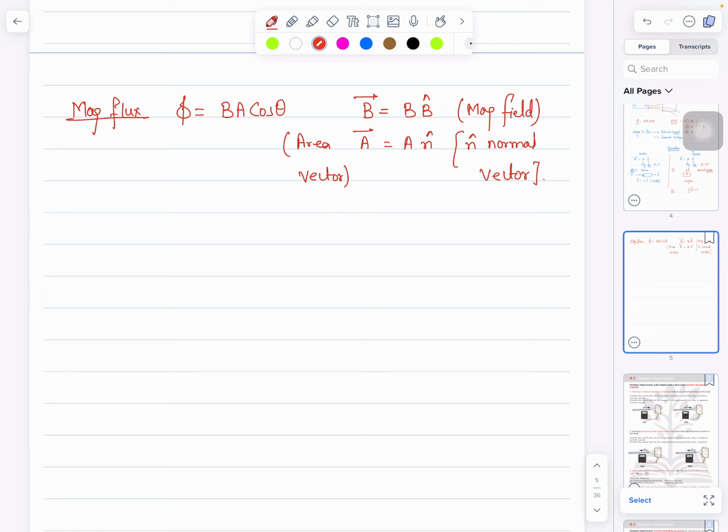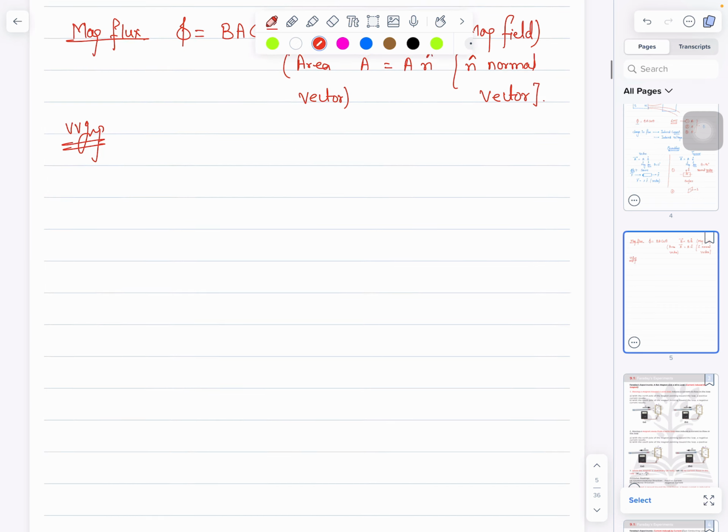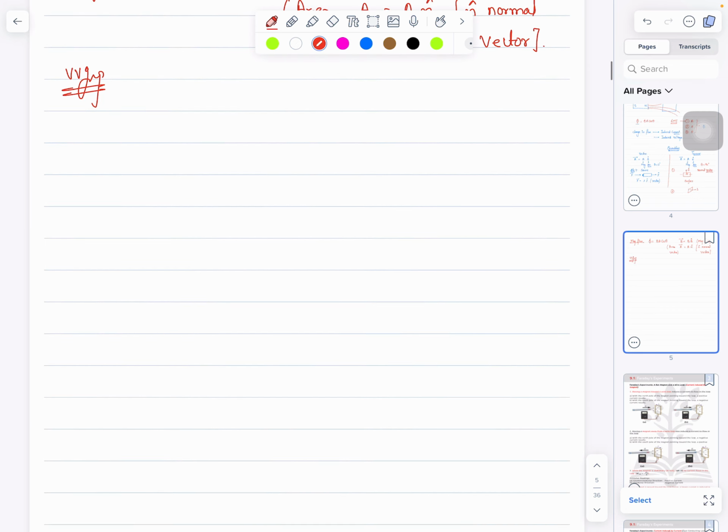So it's very, very important to understand. Now case 1. Let's say you have a surface like this, and this type of surface will come in your numerical.